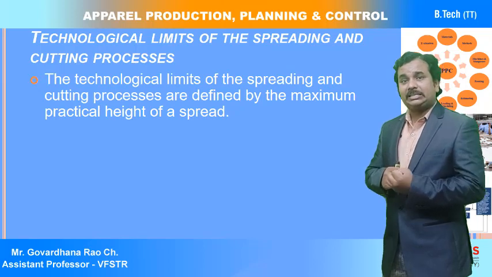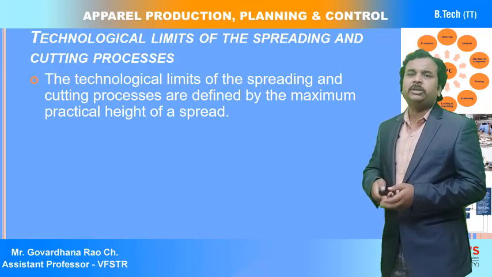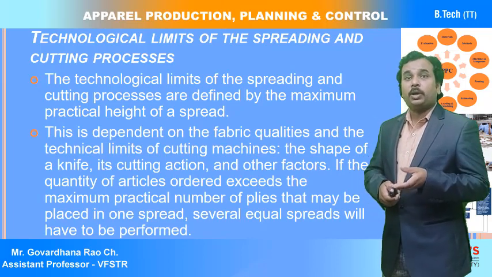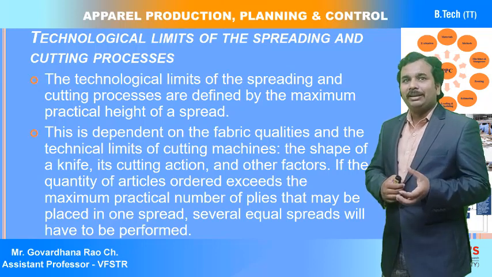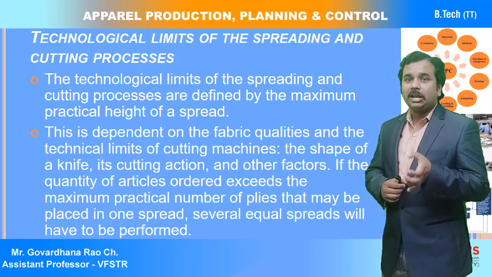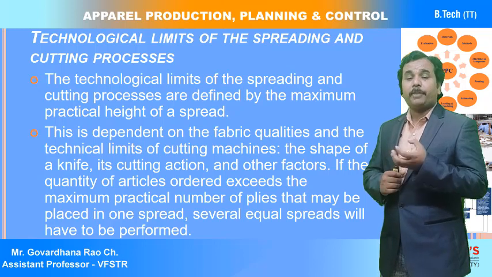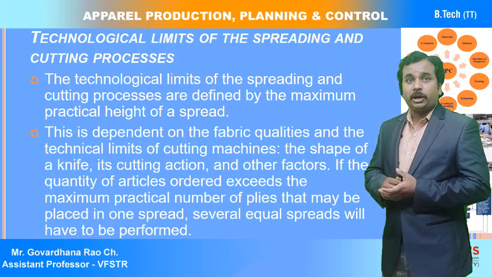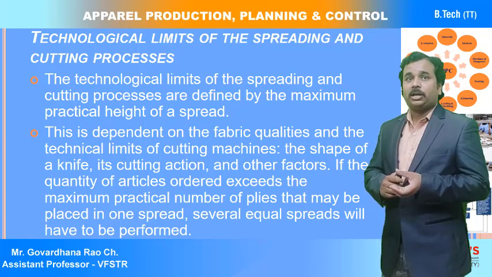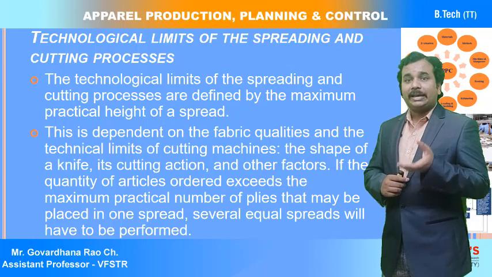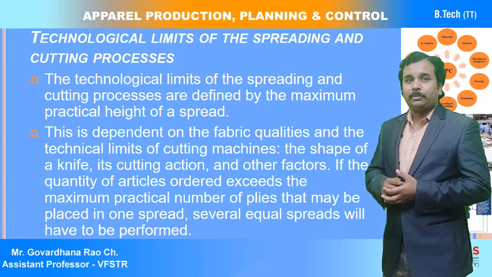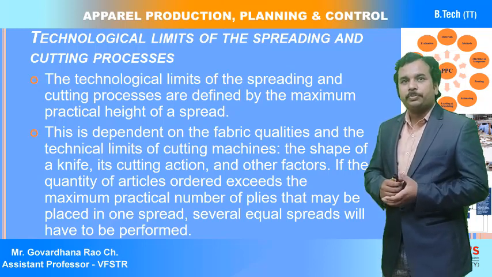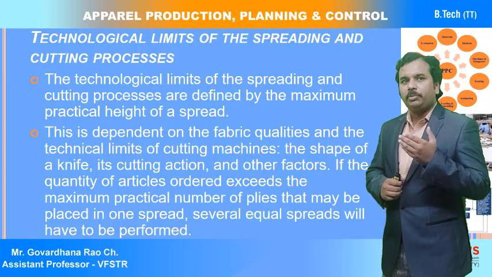How many fabric layers can be cut by the cutting machine is also one of the major things. This depends on fabric qualities and the technical limits of the cutting machines, such as the shape of the knife, the cutting action, and other factors. If the ordered quantity exceeds the maximum practical number of plies that may be placed on one spread, several equal spreads are going to be performed.